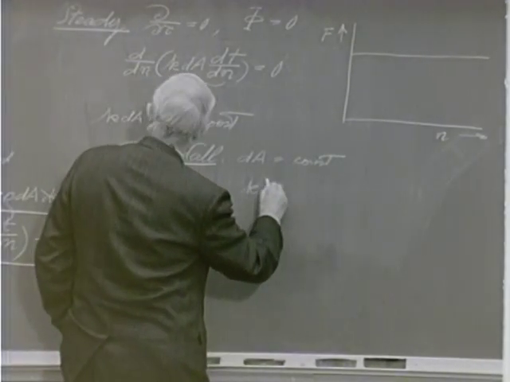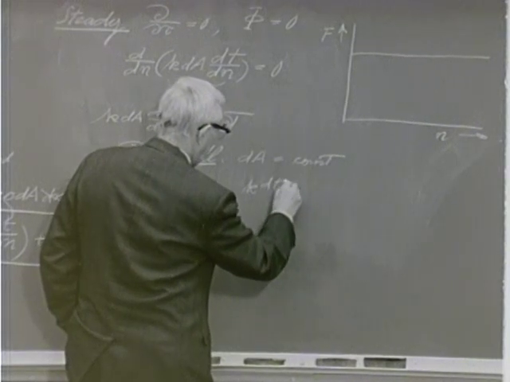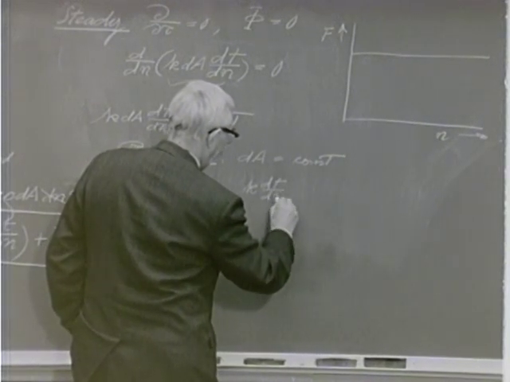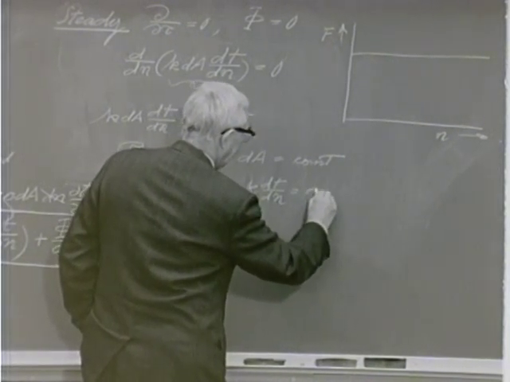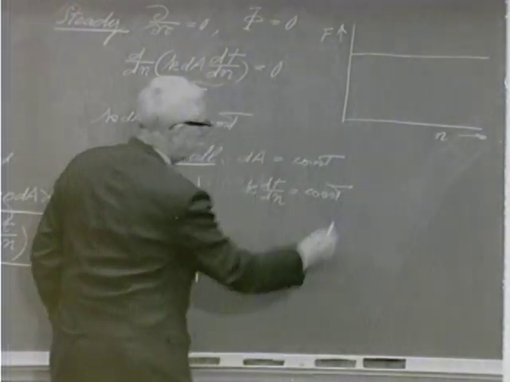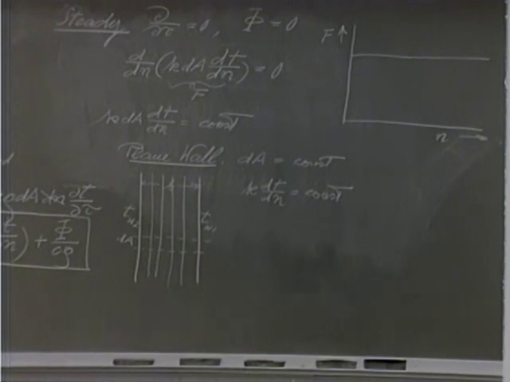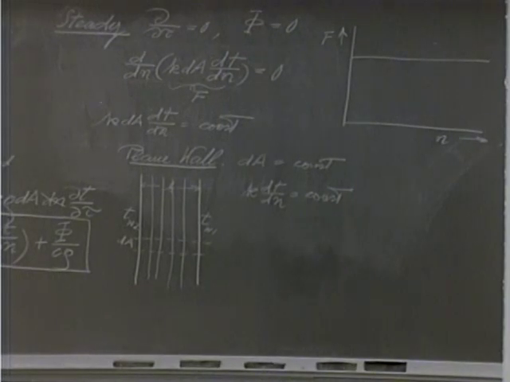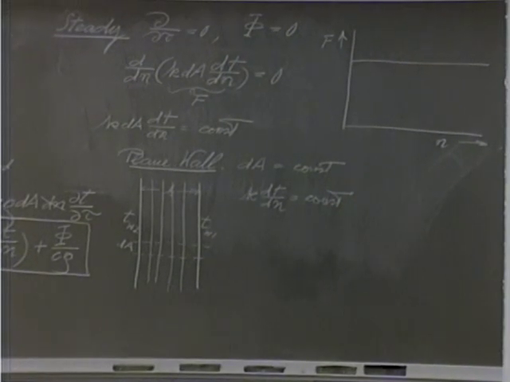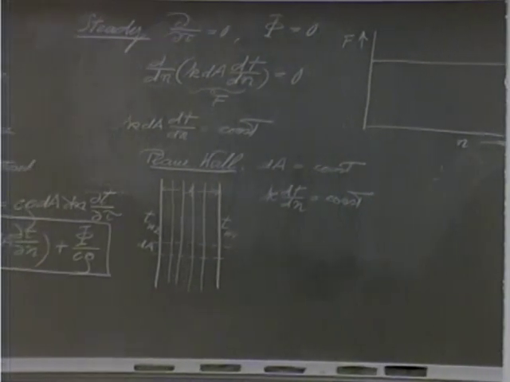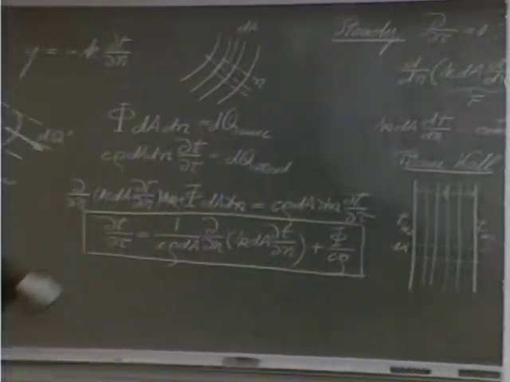So we have k dT/dN equal to a constant. Actually, if we compare this with our Fourier's equation, which for steady state would have total differential signs instead of the partial differential signs, we see already what the meaning of this constant is.